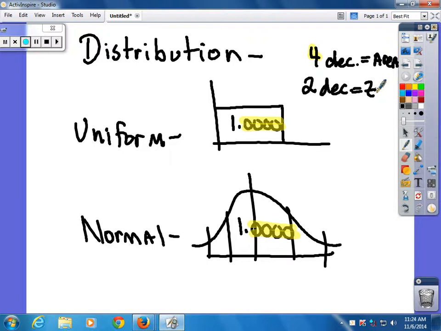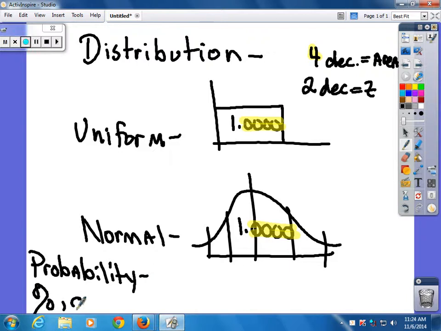Okay? Now, in the previous chapter, I told you that probability can be written as a percent, as a decimal, or as a ratio.